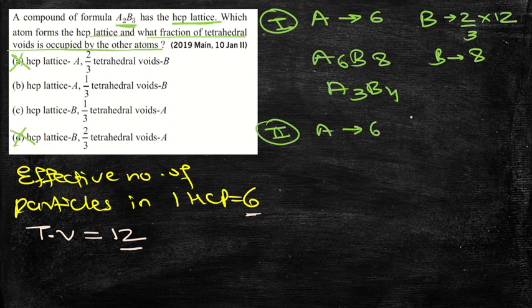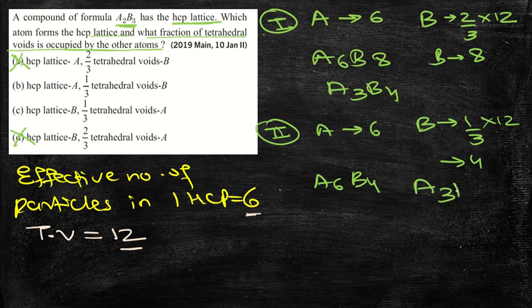And one third of the tetrahedral voids have been occupied. So B is one third of 12. That means 4. It means it is A6B4. But if it is A6B4, the formula in the simplest whole number form would be A3B2. And again, that's not what we want. But we do want its reverse. We want A2B3, and therefore this would be the correct one.